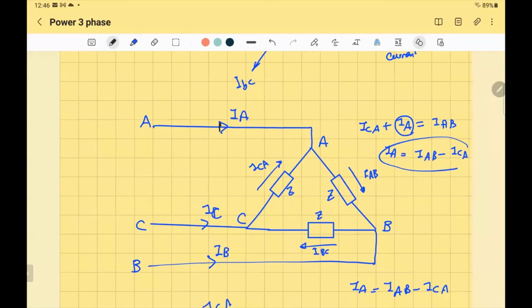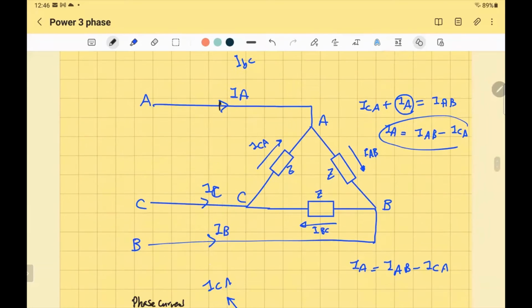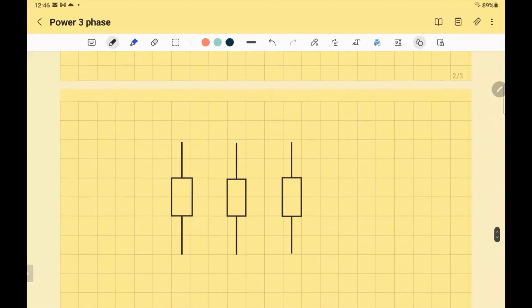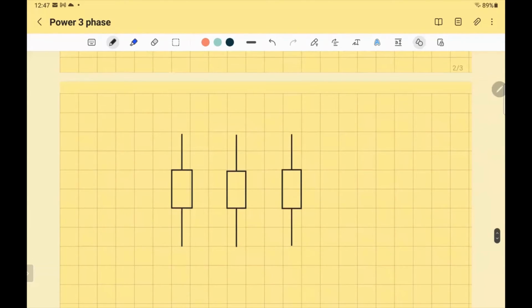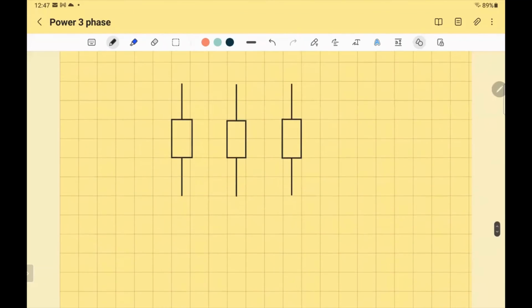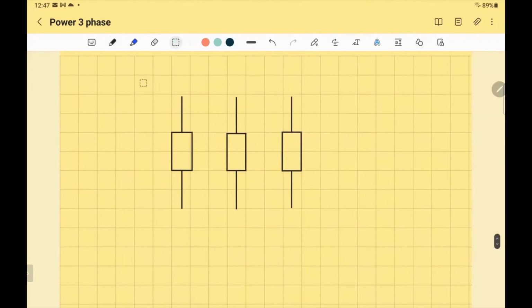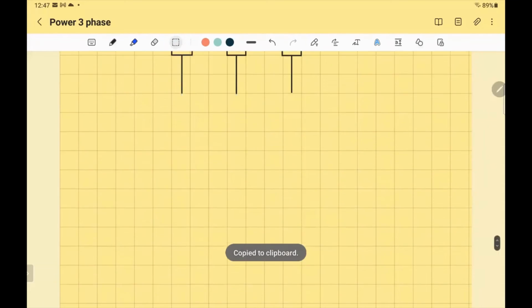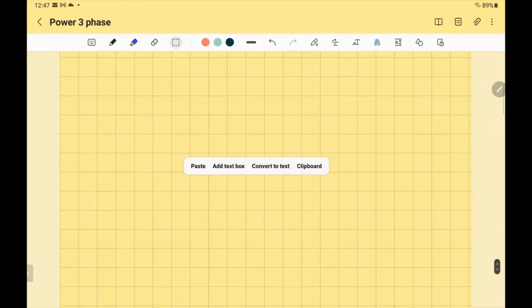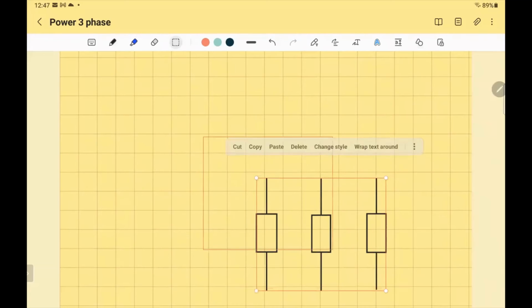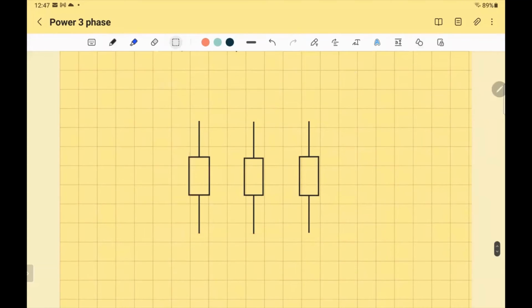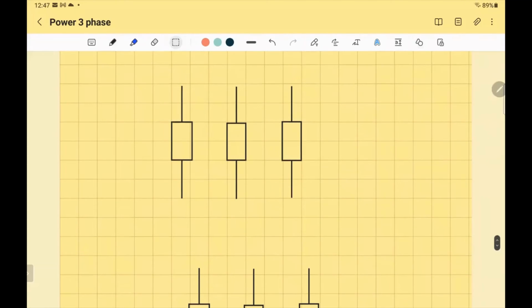Any question? So when you go to the lab, you have three loads for each phase. How do you connect the star? How do you connect the delta? Let me make the same. I will do that in the top one as a star. It's very simple.